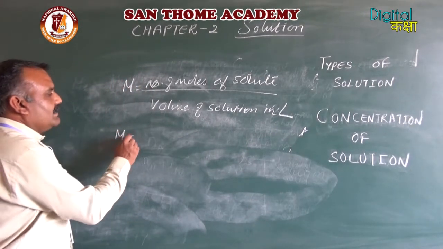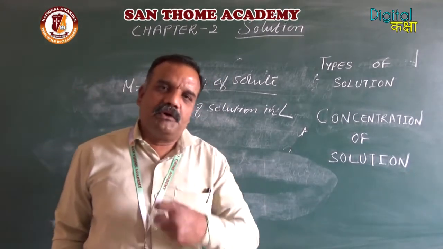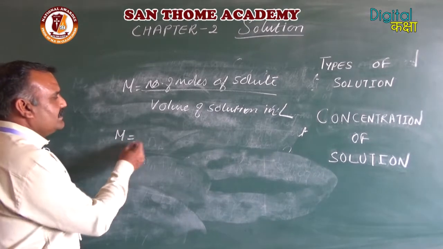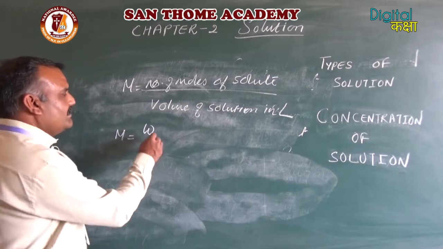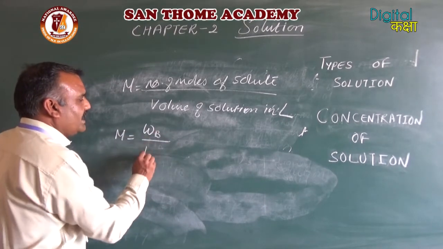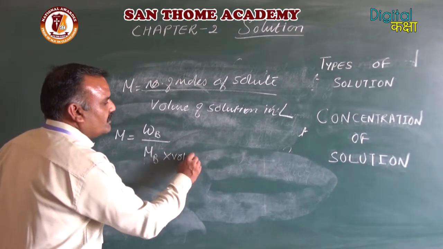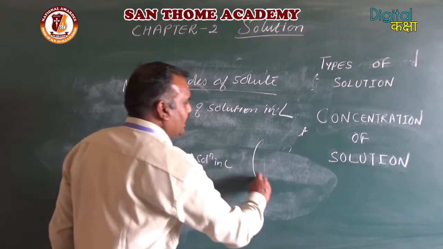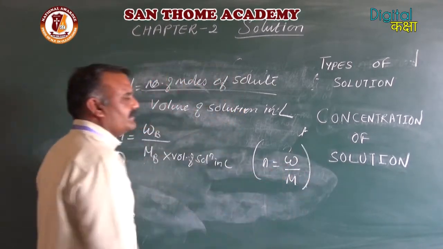As we know that number of moles is equal to mass in grams upon molar mass, we can also express it mathematically. If I am taking B as a solute, then molarity is the mass of solute divided by molar mass of solute into volume of solution in liters.